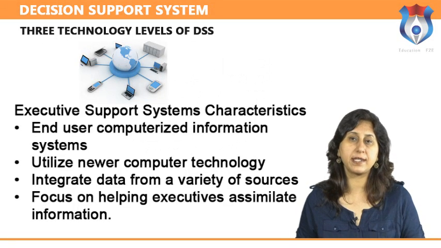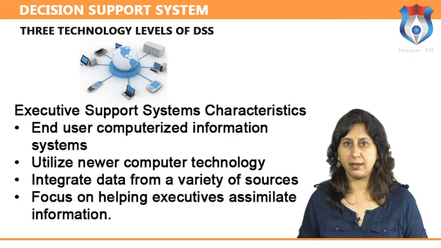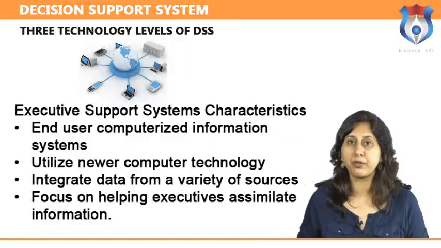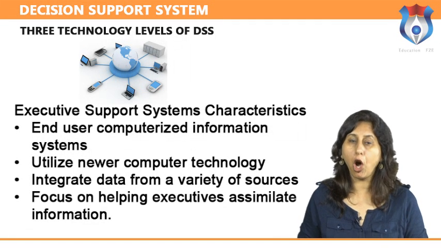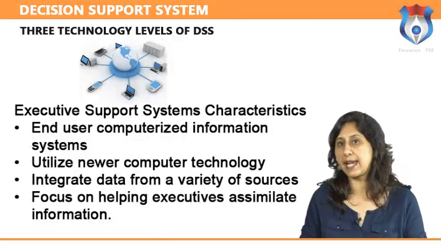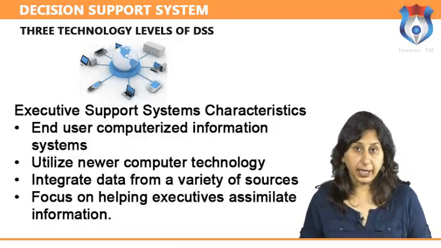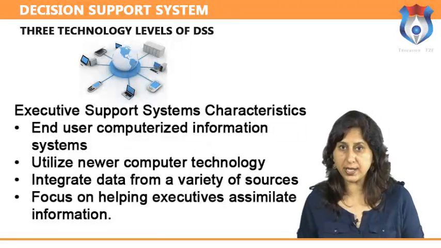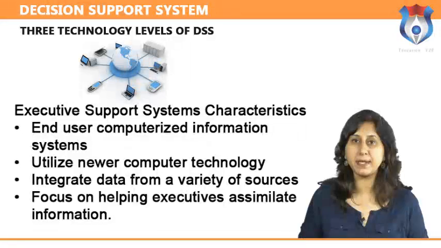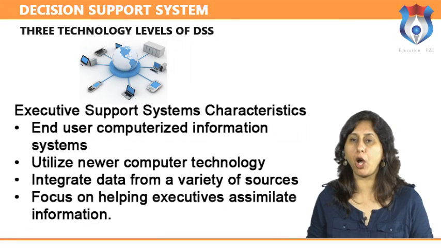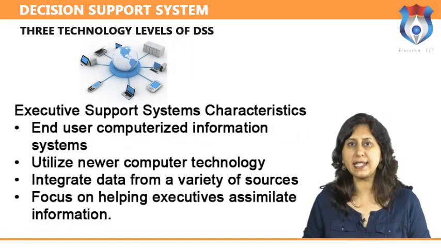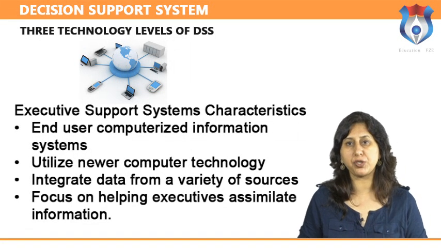Executive Support Systems characteristics. Executive support systems are end-user computerized information systems operated directly by executive managers. They utilize newer computer technology in the form of data sources, hardware and programs to place data in a common format and provide fast and easy access to information.